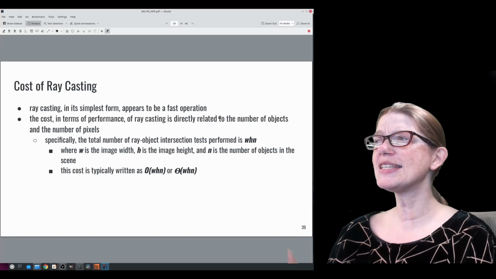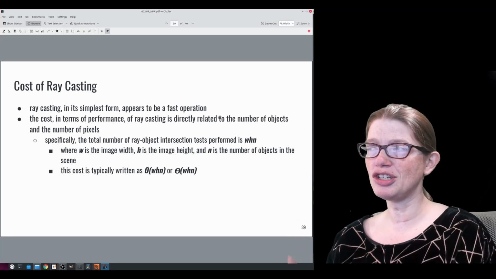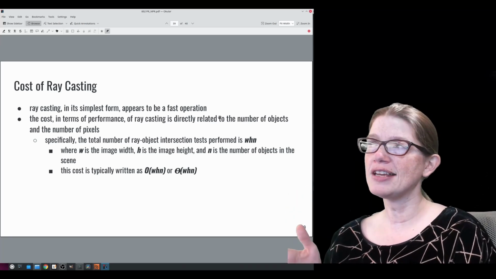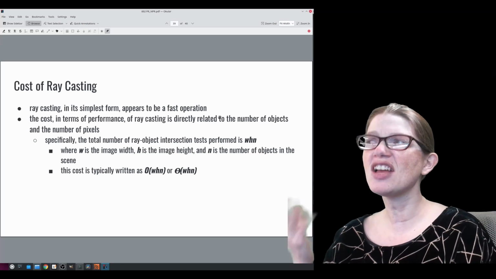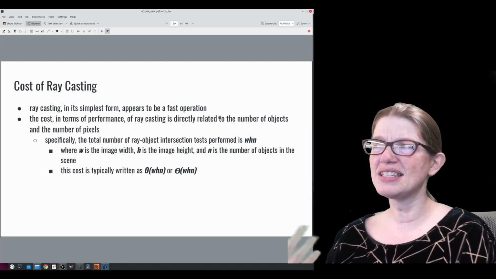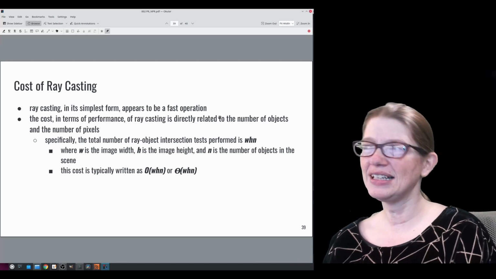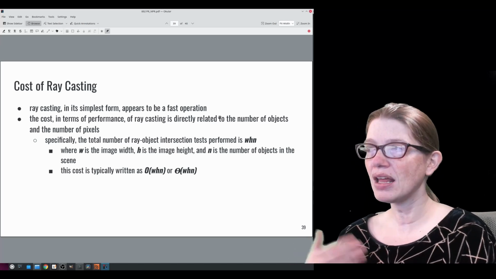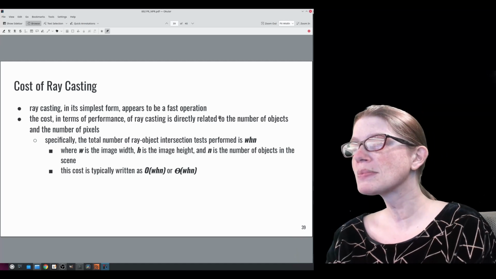We're making the assumption that a ray object intersection test is like a single operation. It's many, but it's essentially one in the grand scheme of things.